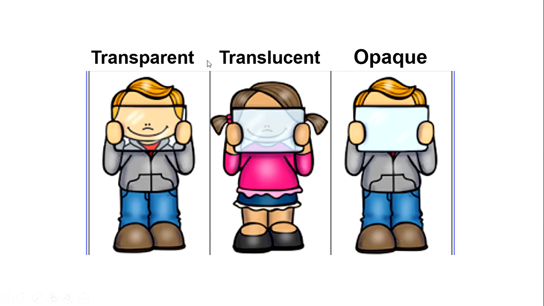So these are 3 types of objects which light can pass through or not pass through. Transparent, as we said, light completely passes through it. Translucent, some of the light particles pass through it and make it blurry. Opaque, which completely blocks the light particles from entering it.